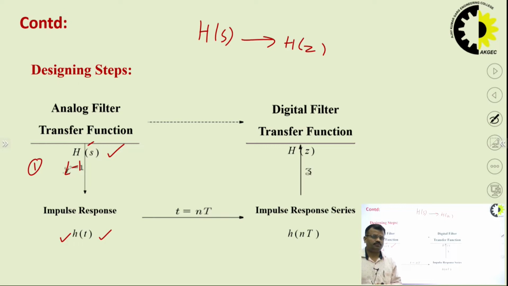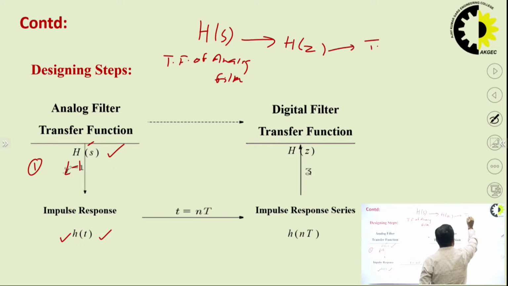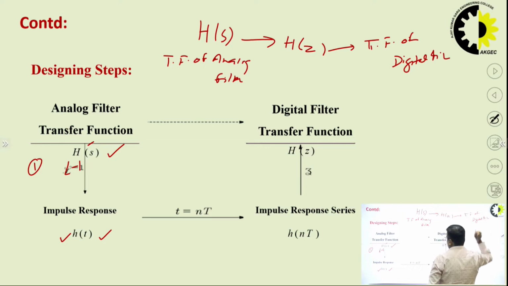Now, H of S is the transfer function of the analog filter, and H of Z is the transfer function of the digital filter. So, in the first step, you take the inverse Laplace transform, then you will get the impulse response in the analog domain.